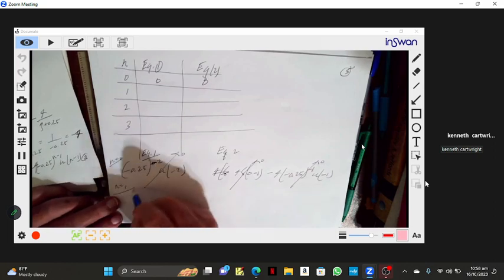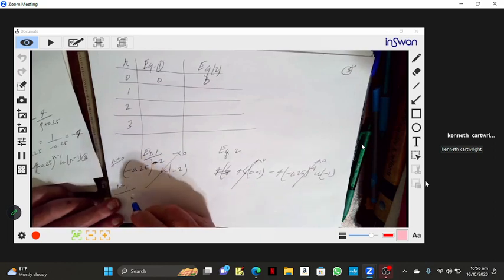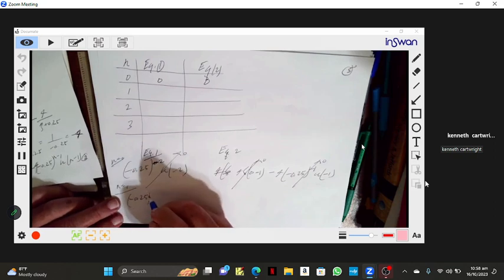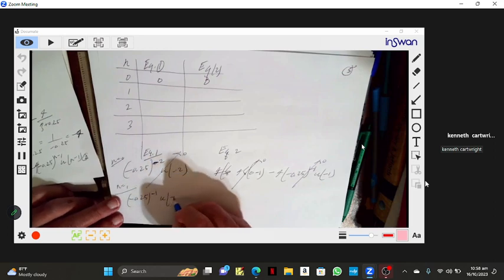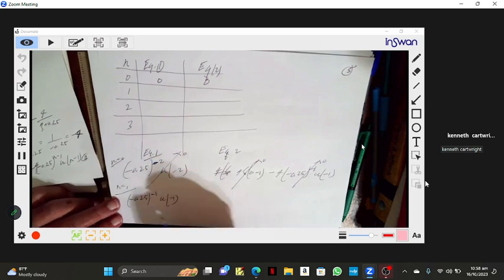So both of these give 0. So n equals 1 gives us negative 0.25 to the power of negative 1 u of negative 1. Again, that's 0.